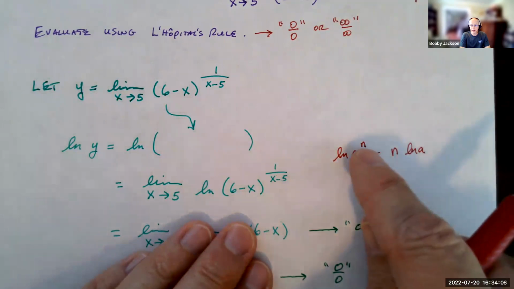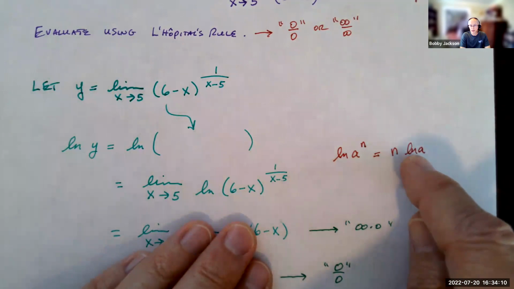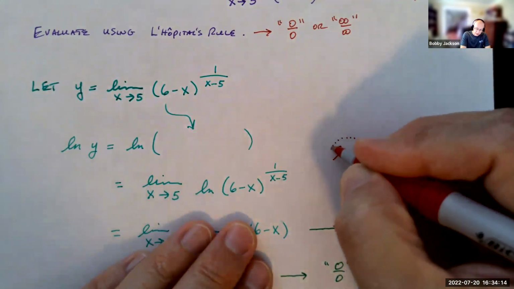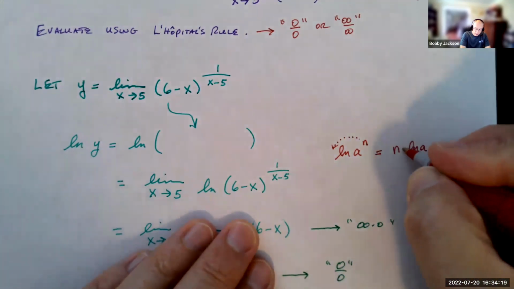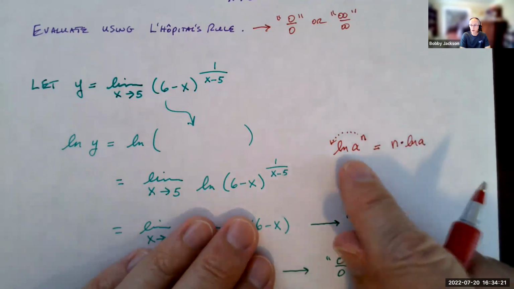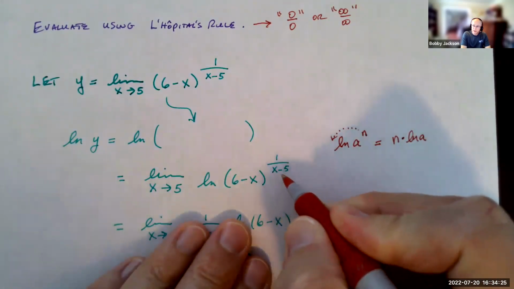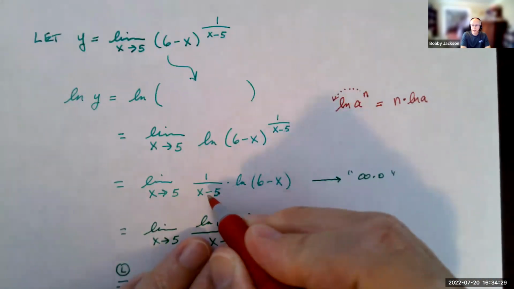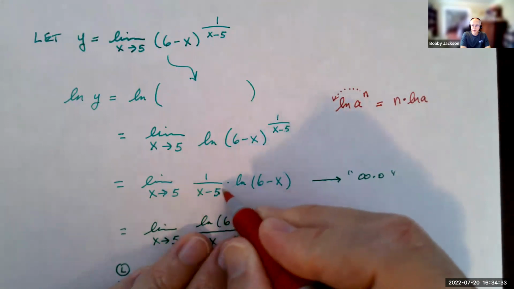So I multiply the exponent n times the exponent for the base a, which is natural log of a. We kind of just think about this n as coming down in front. That's the mechanics of it, but the reasoning comes from the properties of exponents. So this exponent here is going to come down in front. And now as x goes to 5, this expression is going to 0.